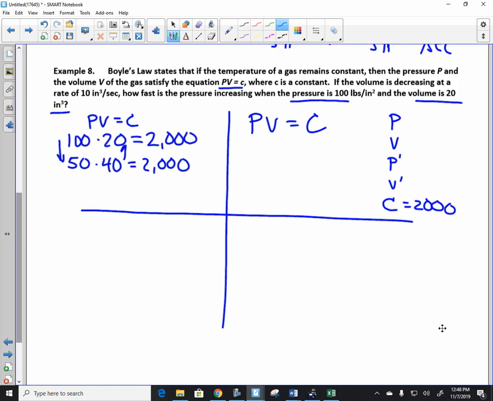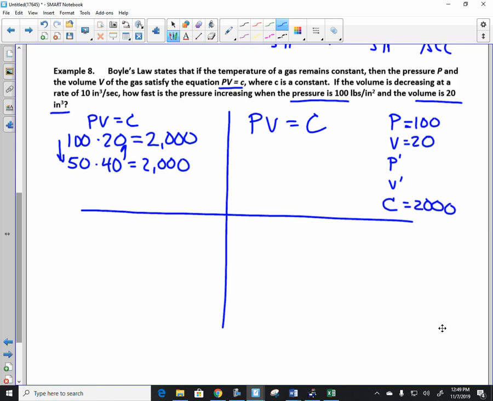What else do we know up here? We know the volume is what? 20. What else do we know? What is the pressure? Pressure is 100.